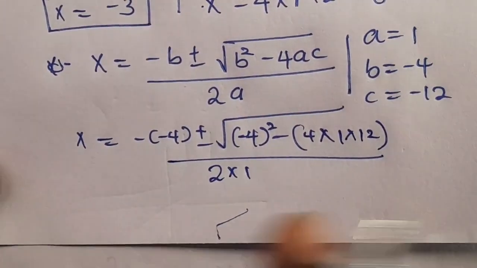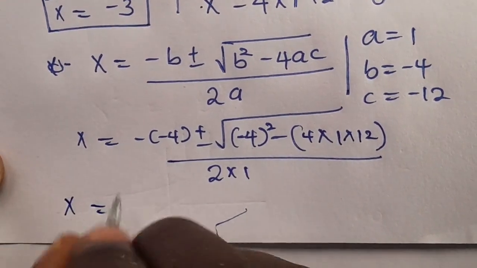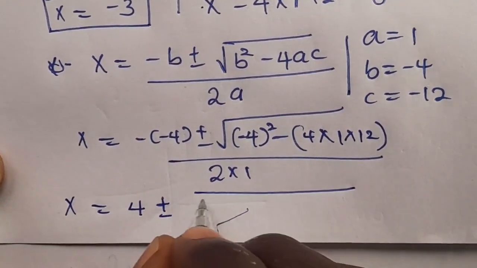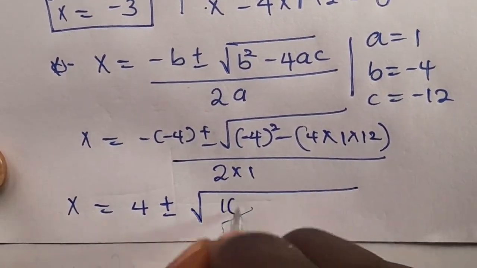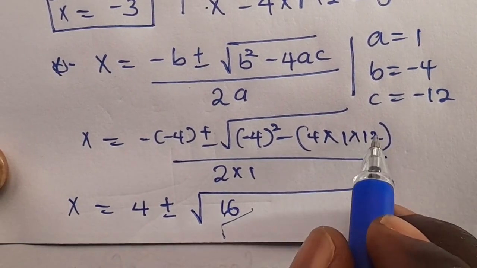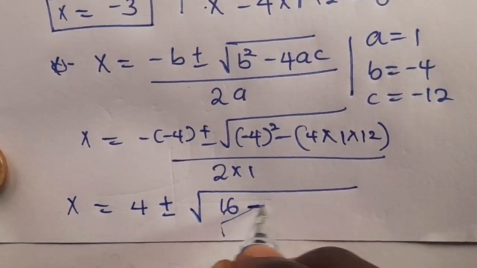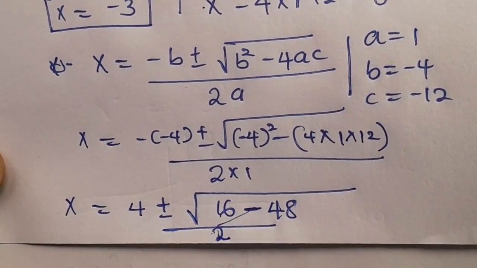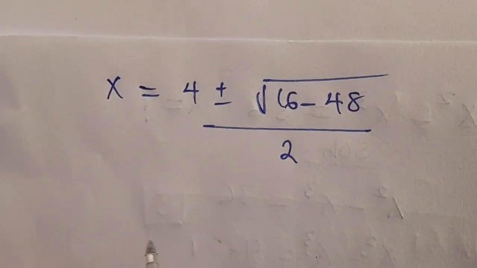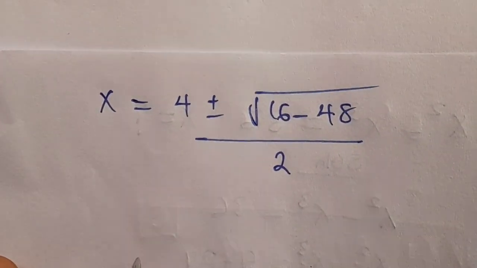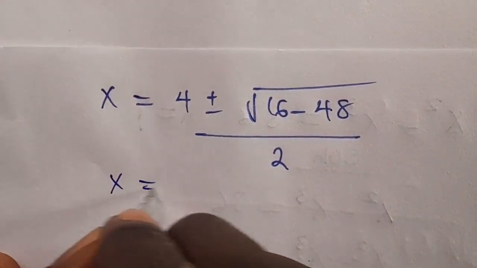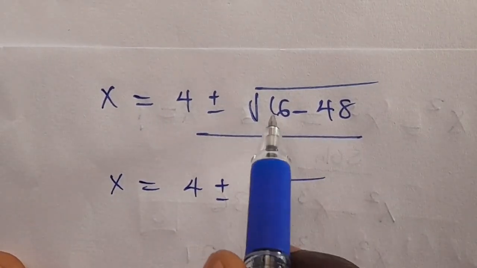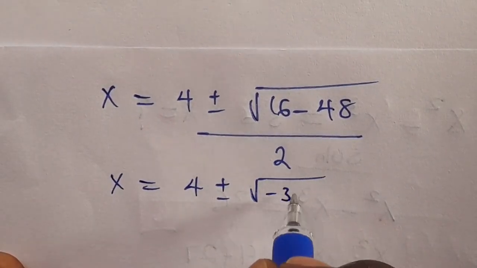So from here we have our s to be equals, minus times minus will be plus, positive or negative. This one will be 16. 4 times 1, 4 times 12 will be minus 48, divided by 2. So we have this as s equals 4, positive or negative, square root of 16 minus 48, we have it to be minus 32.